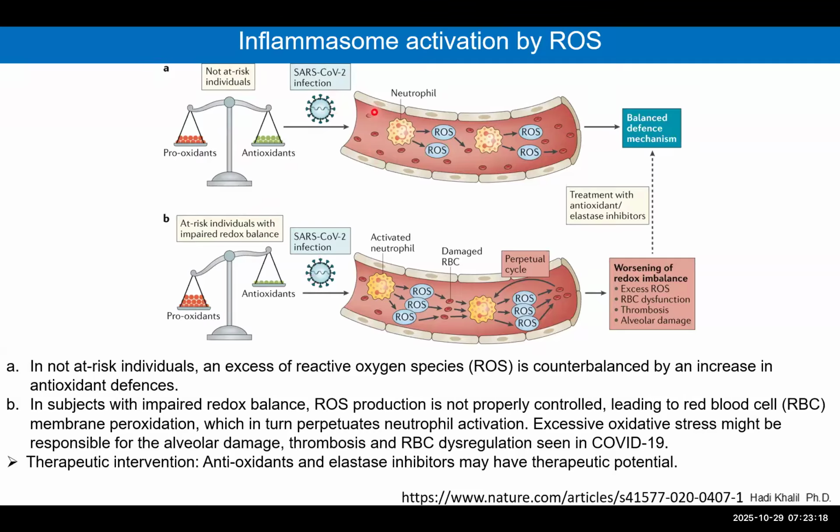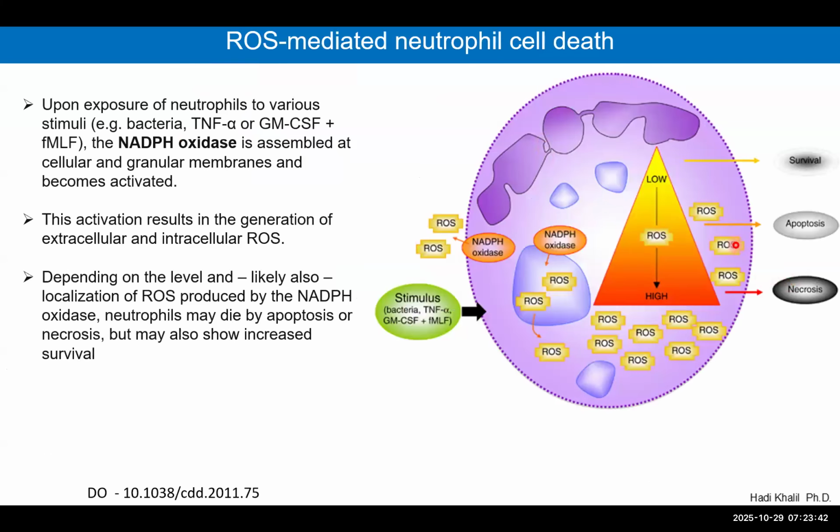Well, in that situation, since we have enough antioxidants, neutrophils will arrive to the site and will cope with the levels of the reactive oxygen species. And therefore, they will have a well-balanced defense. Some of those neutrophils will die, but most of them will survive because the level of the reactive oxygen species is not severe enough to kill them. Remember this one here.